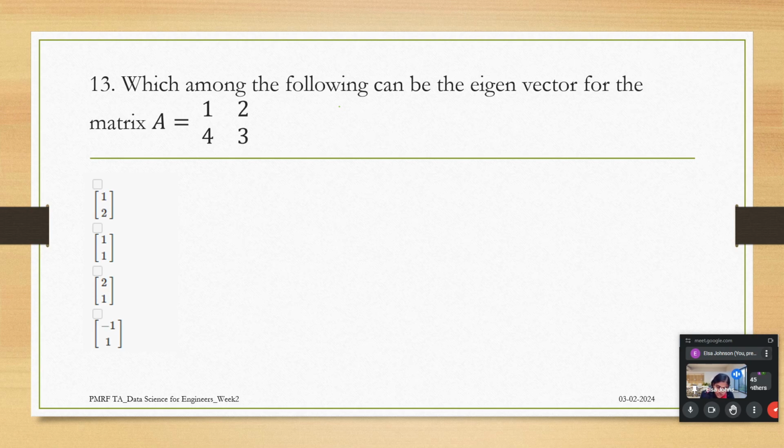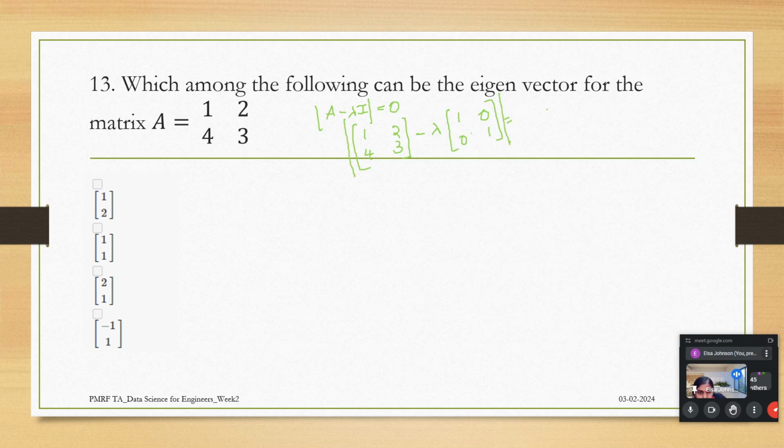First you have to find out the eigenvalue. So determinant of A minus lambda I equal to 0 you have to do. That means A is 1, 2, 4, 3. So Neil, you can see here, lambda is just a variable that represents the eigenvalue, and I is 1, 0, 0, 1, and I am finding the determinant of these values.